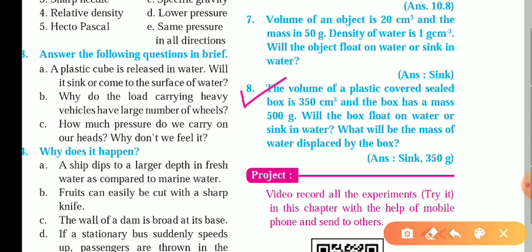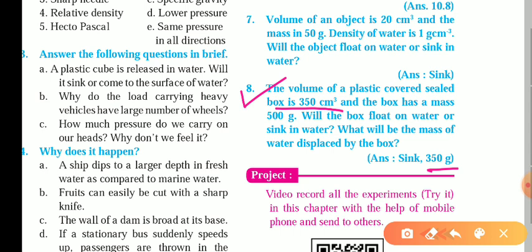The mass of the water displaced by the box will be equal to the volume of the box. You can see over here the volume of the box is 350 centimeter cube, so it will displace 350 gram of water. So that sentence you can write at the end of this.